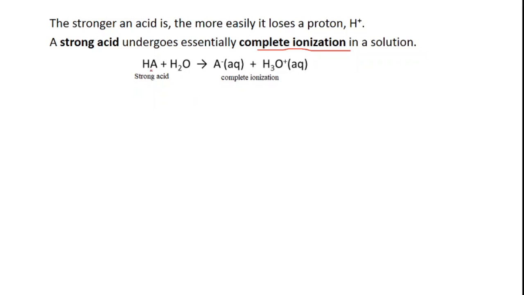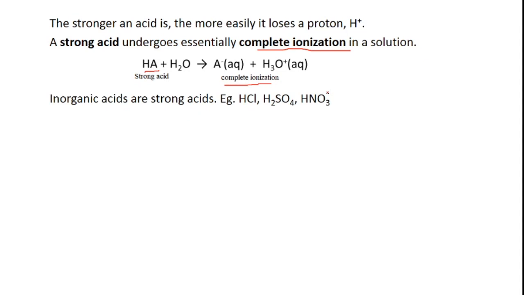Consider this hypothetical reaction, where HA is any strong acid, which releases H plus ion and donates it to water to form A minus, the conjugate base of acid HA, and H3O plus ion, the hydronium ion. If this reaction occurs to give complete ionization, then HA is considered a strong acid.